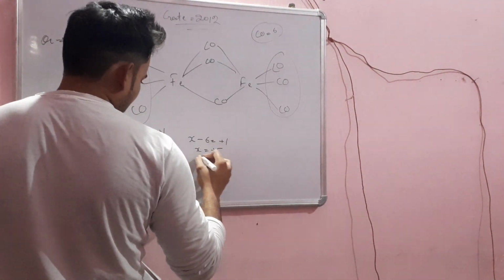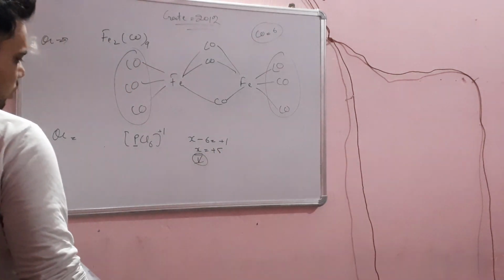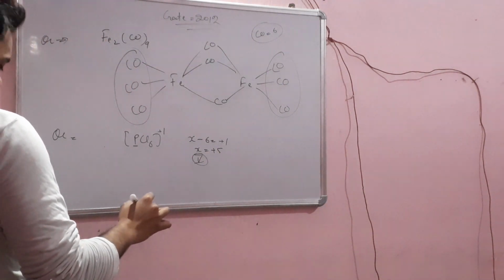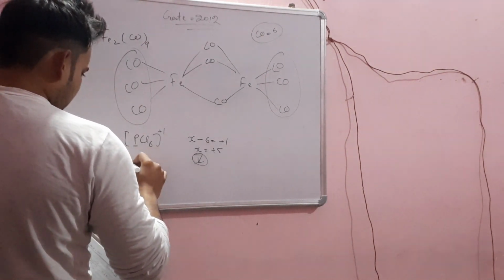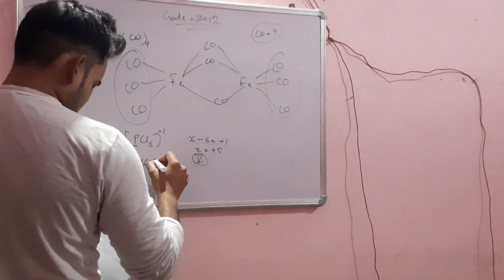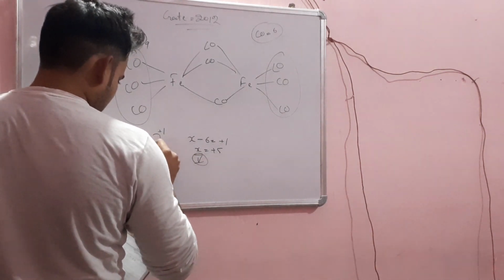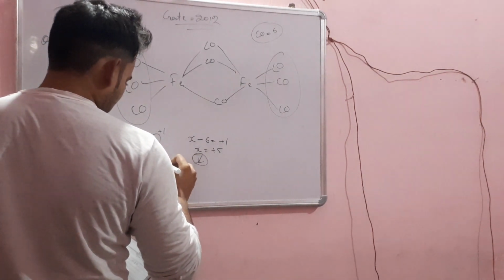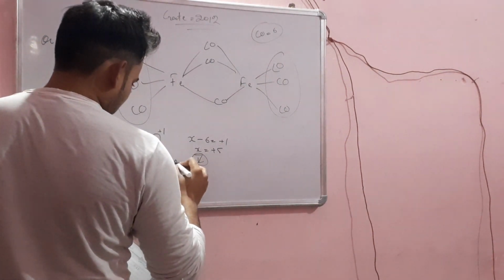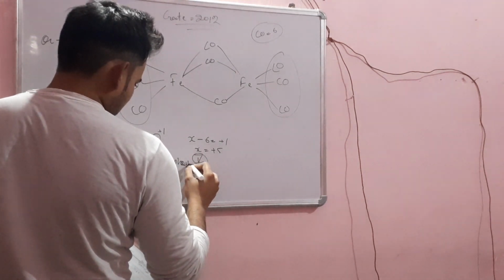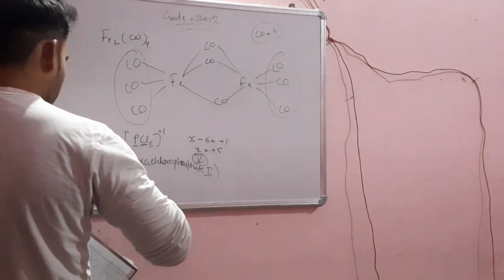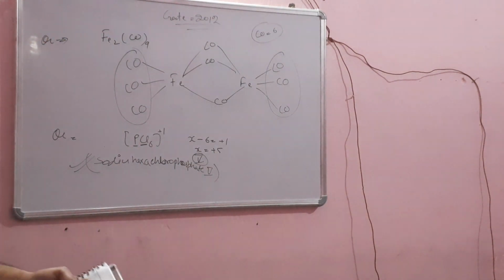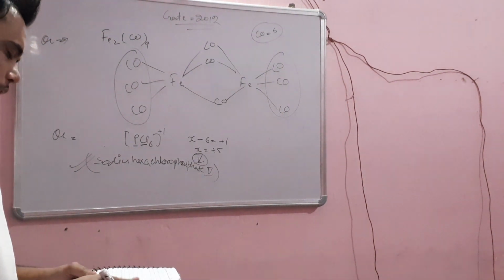So the 5 oxidation state should be put in the name. So the name becomes sodium hexacyanophosphate(V). This is your answer for the naming type of questions in coordination chemistry.